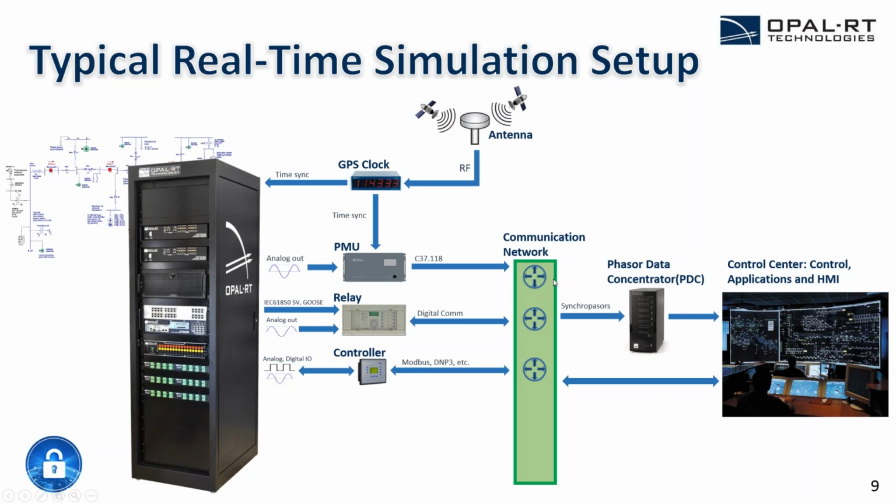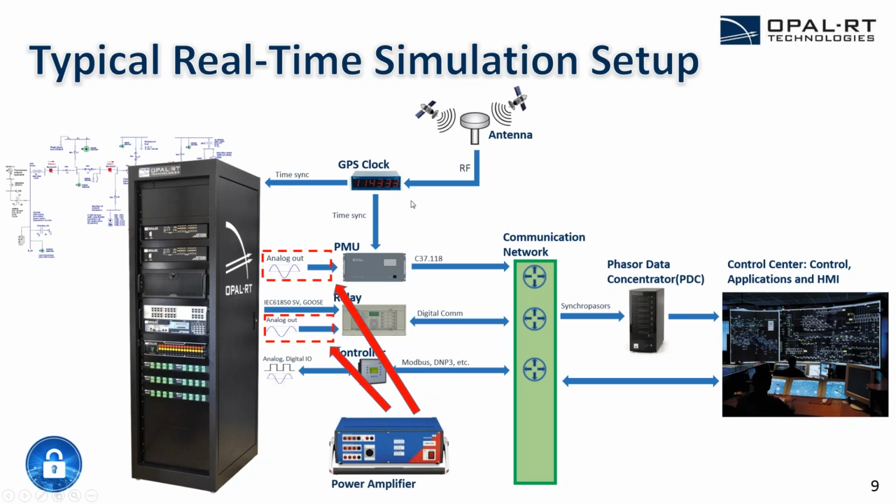So it's not just about hardware in the loop compatibility, it's about system in the loop compatibility. And we also require, especially for synchrophasor applications, time synchronization. So a simulator must be able to sync to, for example, a GPS clock. And for high power applications, you can always throw a power amplifier into this loop.